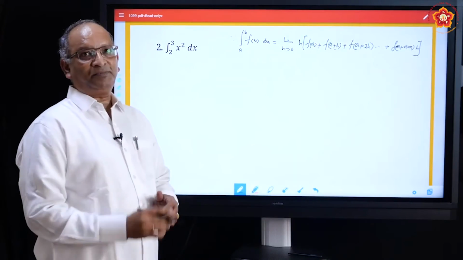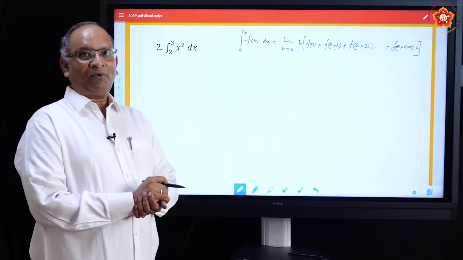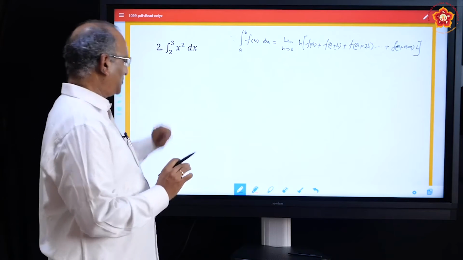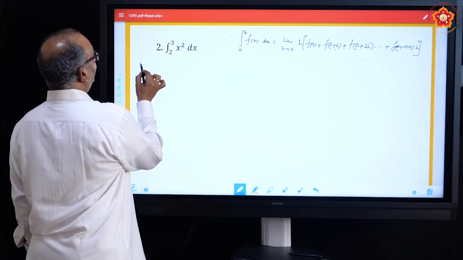This is the formula. Now just compare the numbers. What are the limits here in this problem? 2 to 3.